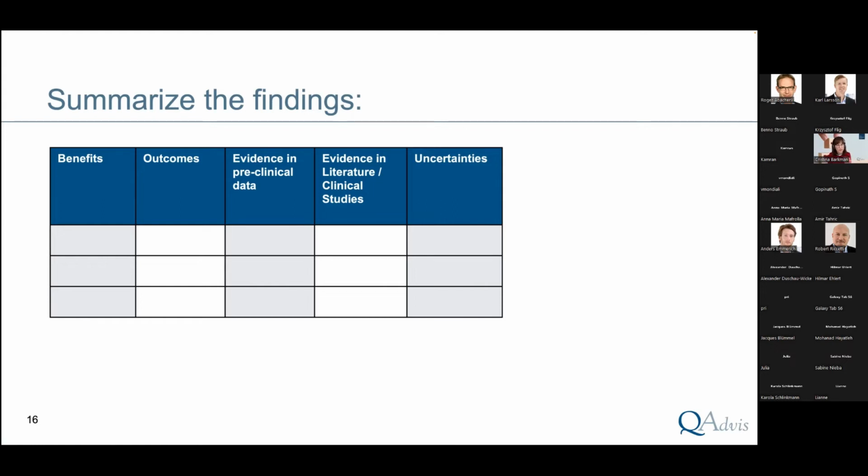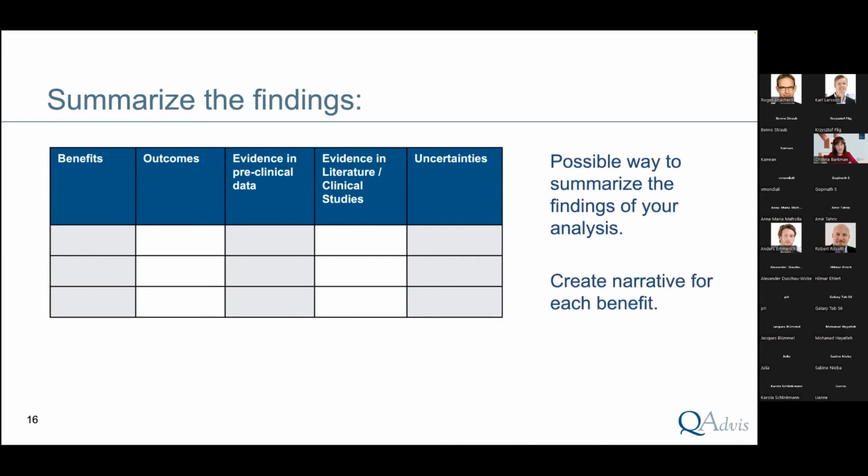Because this will be important to use when you are wrapping up the results, and also reference to evidence in clinical studies or in literature data, and make note of uncertainties if there are any. So this is a way of documenting the data, and in the next step, or later, you should create a narrative for each benefit.